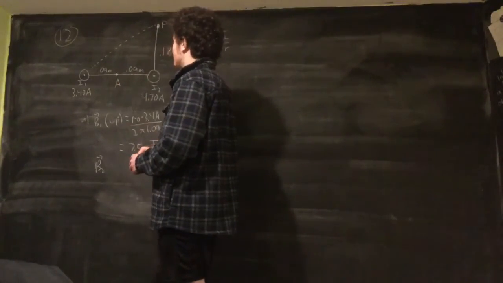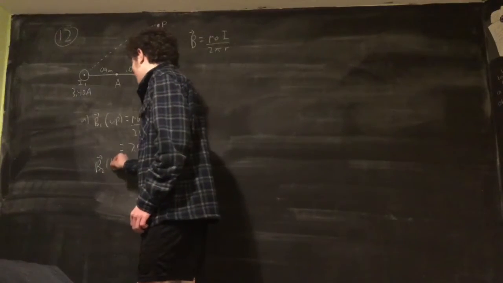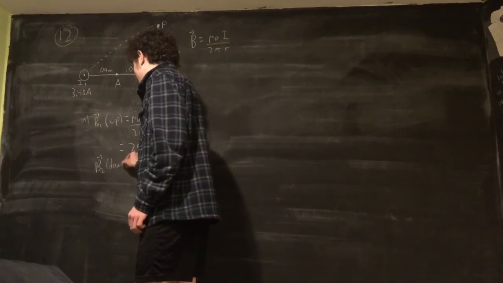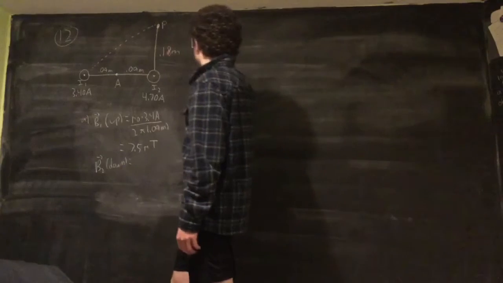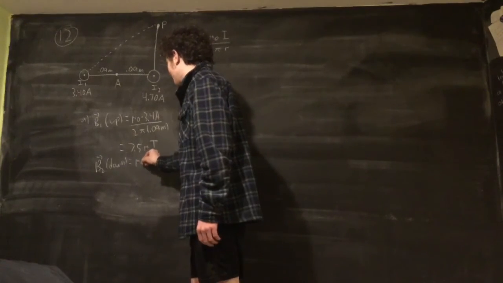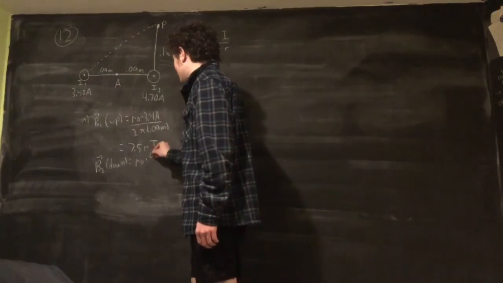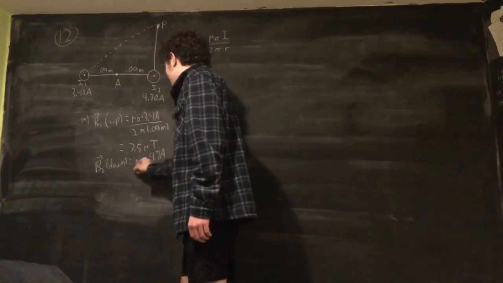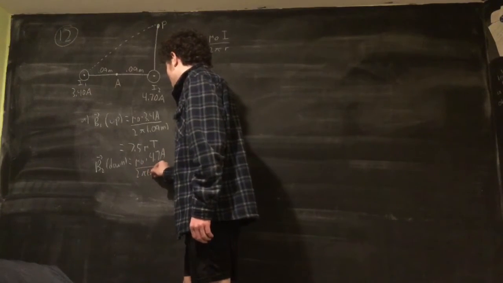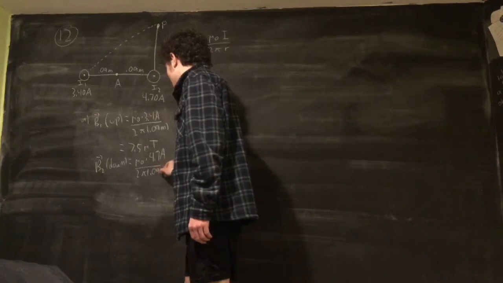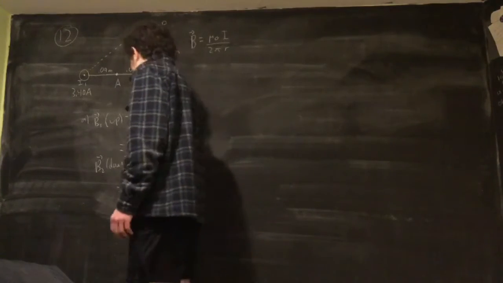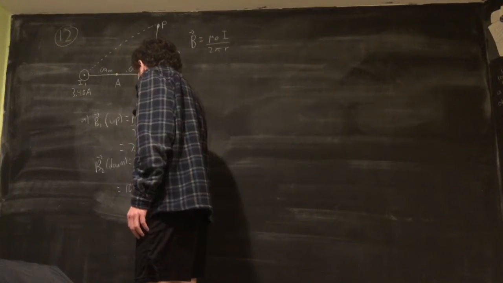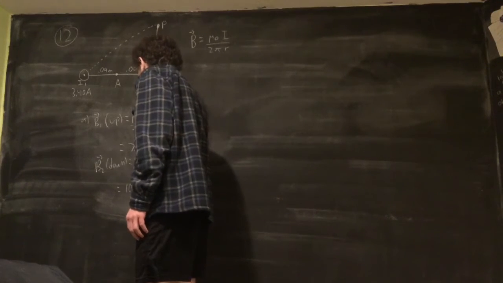So the magnetic field caused by current number 2 is actually down. Again, substituting in our values, mu naught, current is 4.7 amps, over 2 pi times the same radial distance. This has a value of 10.4 microtesla.